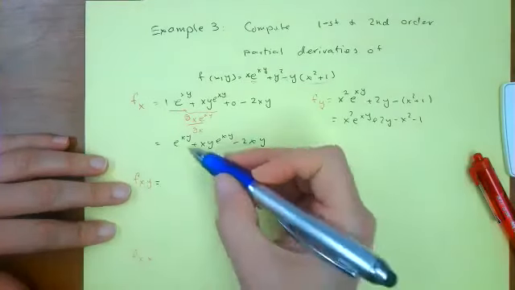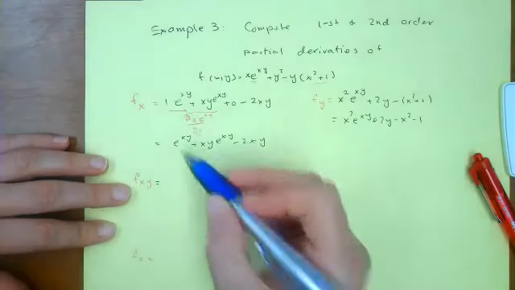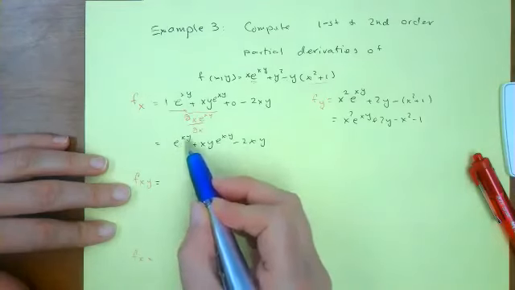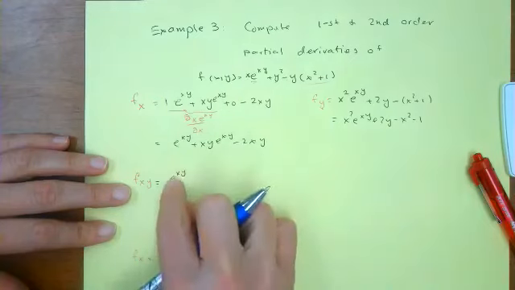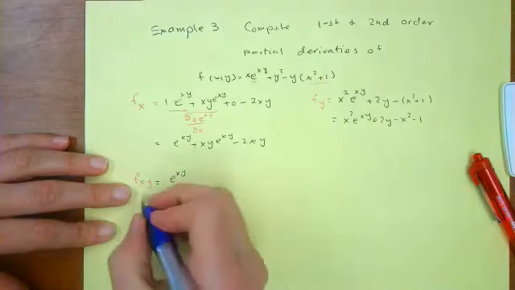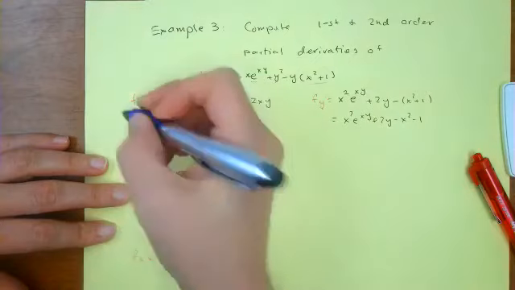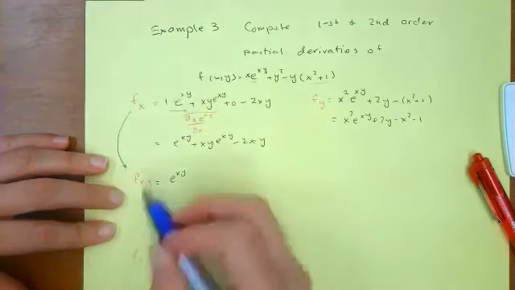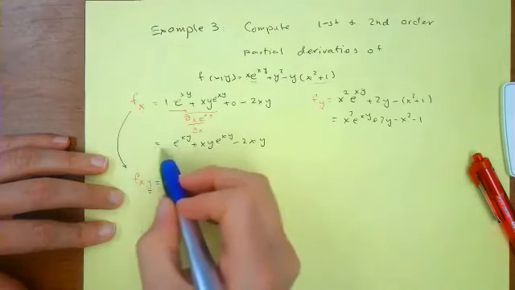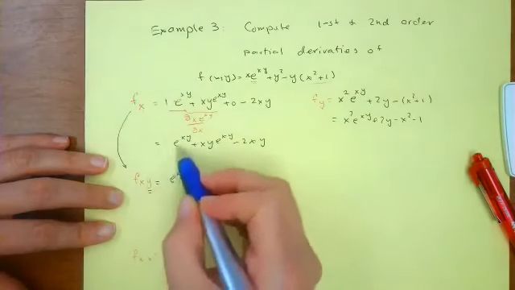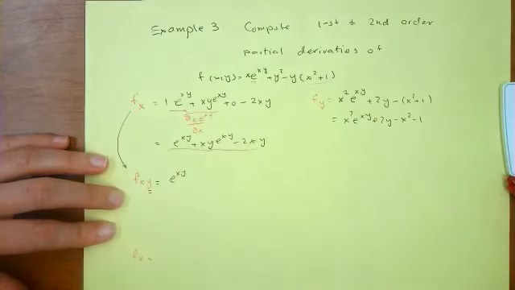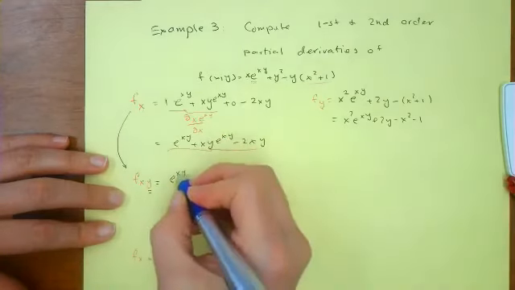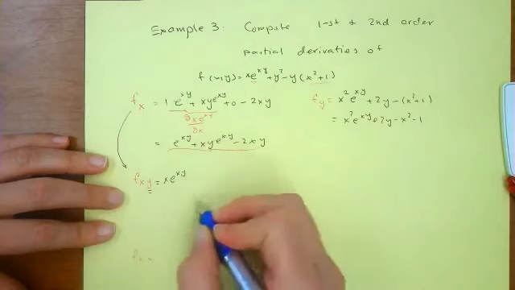And over there, I get from here, e to the power xy again, itself, derivative of exponent with respect to y, because I'm starting from here, going there. What I want to do is basically take the derivative of this entire quantity with respect to y. And so derivative of exponent is going to be x.